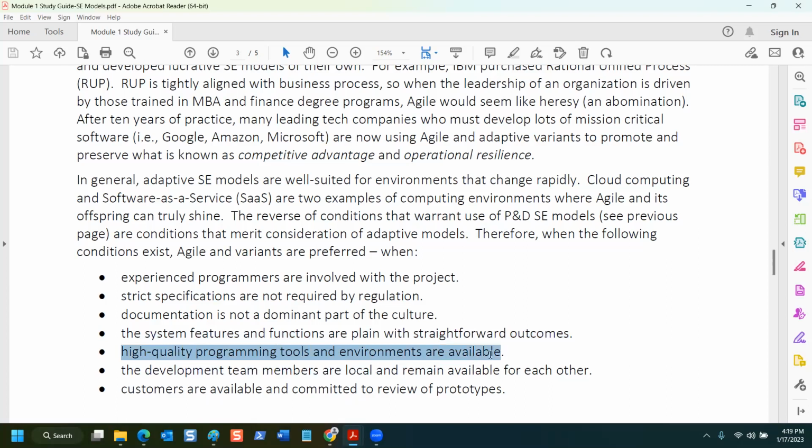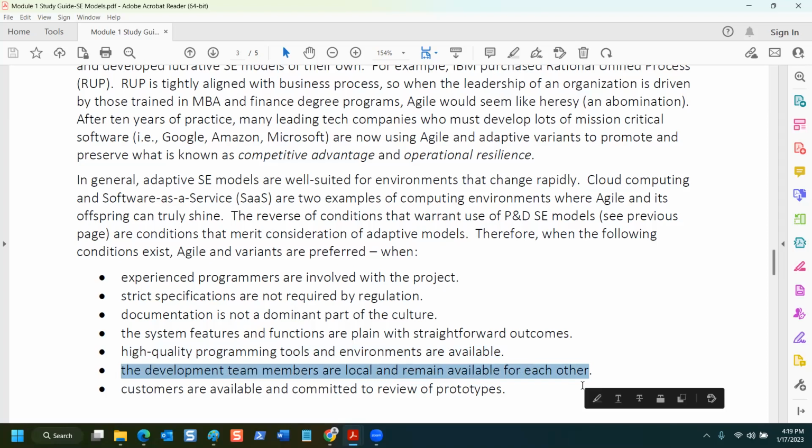High quality programming tools and environments are available. So when can you do adaptive, agile? When you don't have your hands full with a buggy integrated development environment. The development team members are local and remain available for each other.